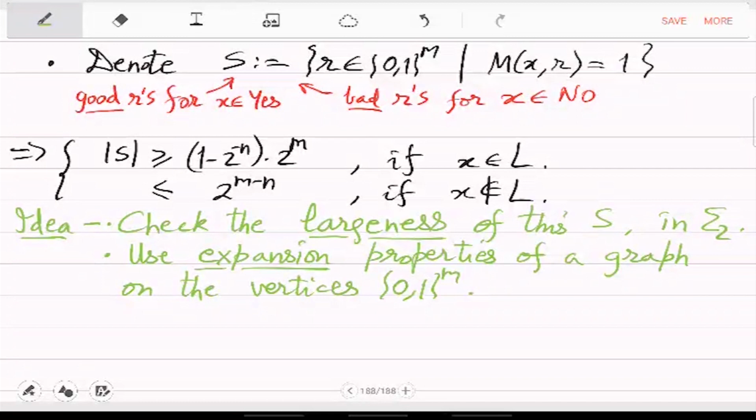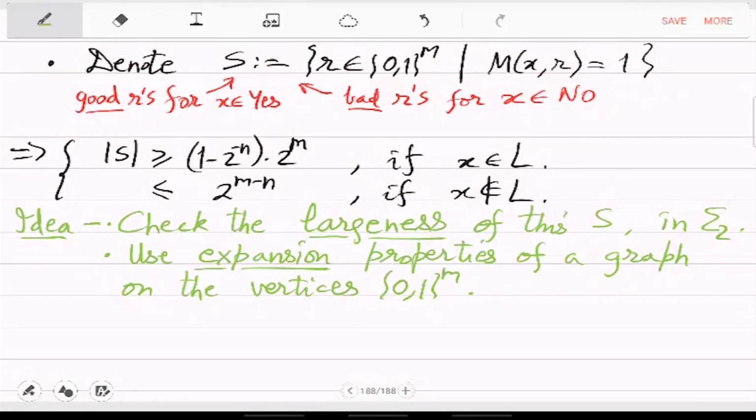We will actually define a graph on 0 1 to the m. This is the space of random strings, and we will draw edges here, and depending on whether x is yes or no, this graph will have different expansion properties or connectivity.